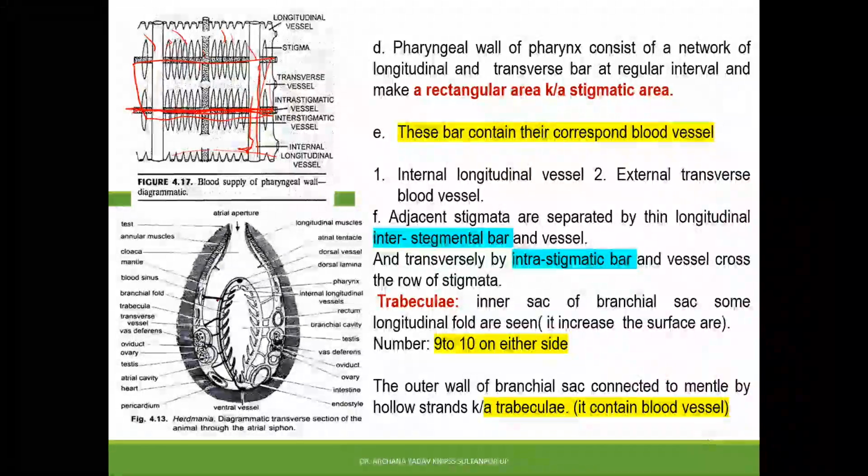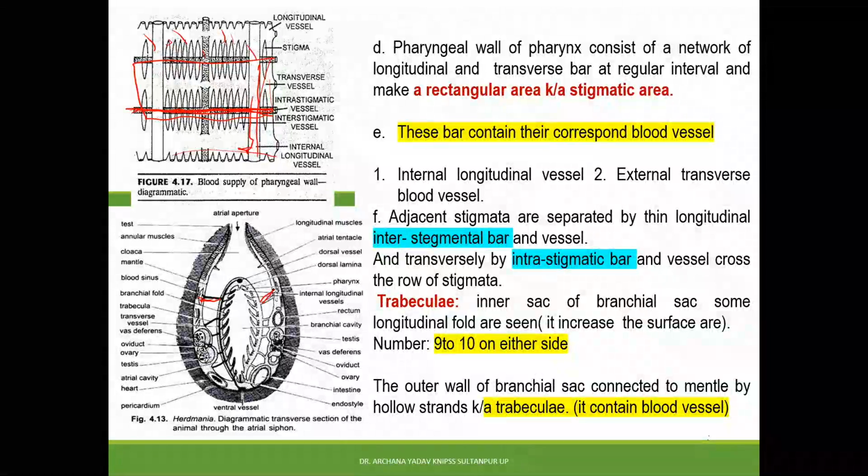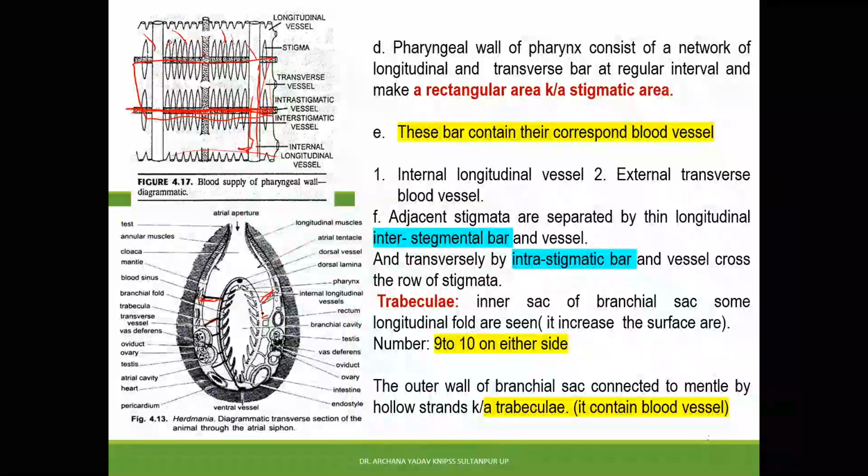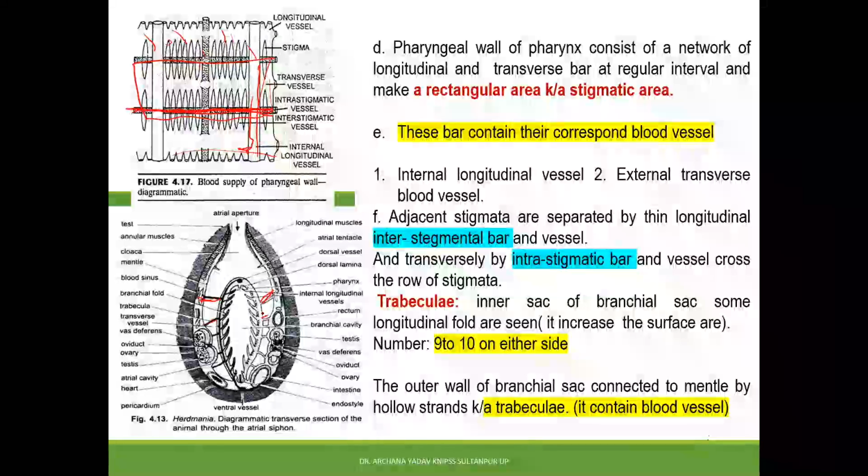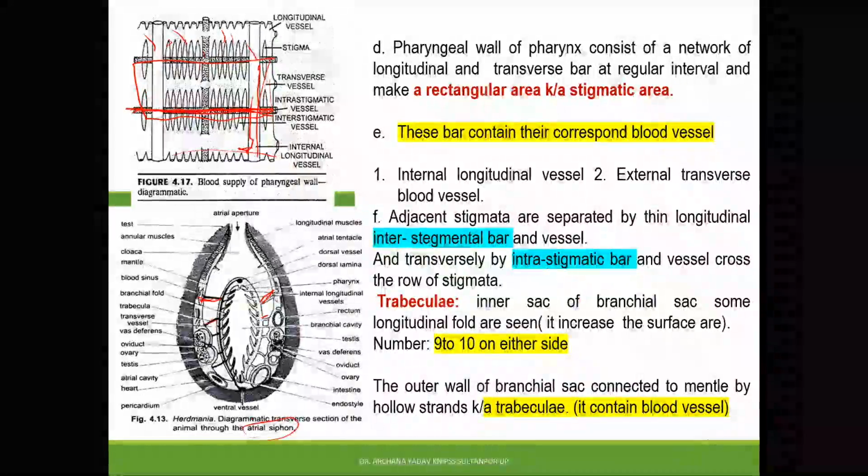Next is trabeculae. Trabeculae are actually seen in this diagram. This diagram shows the transverse section of Herdmania through the atrial siphon.